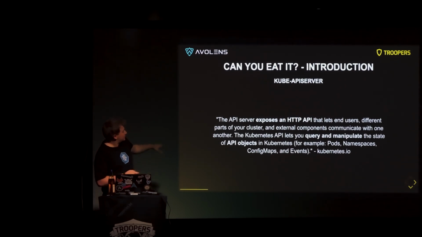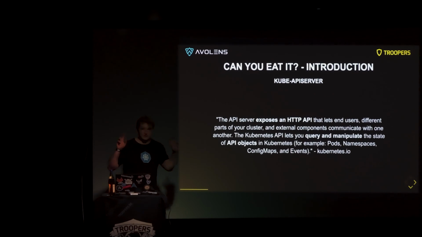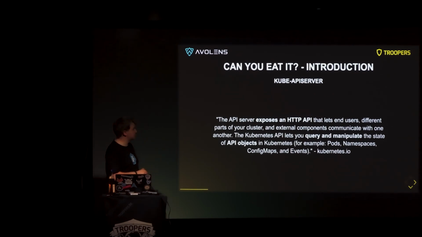So I copied what is, for the security folks, the most important sentence from the Kubernetes documentation, just so that everyone here, when reading it, should think, oh, I really have to secure this one. And the Kube API server is the primary API where you talk to, where you can control all of your components and all of your API objects.